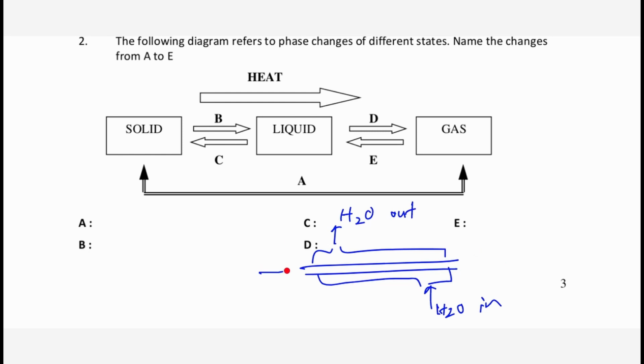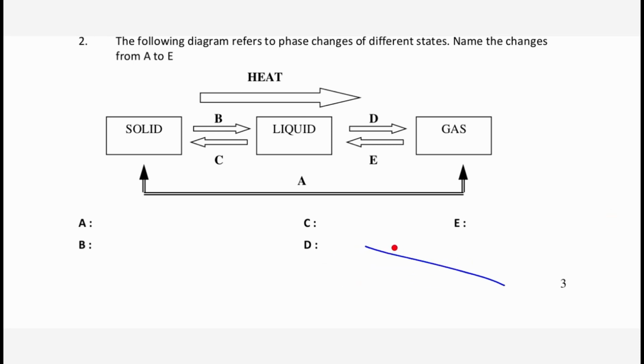So gases travel this way, and what comes out is a liquid. What enters is gas, what comes out is liquid. The water which is sent against gravity will ensure that the inner tube is cool. Usually when you draw the condenser, if it is a condenser used for the distillation process, it should be slanted like this.